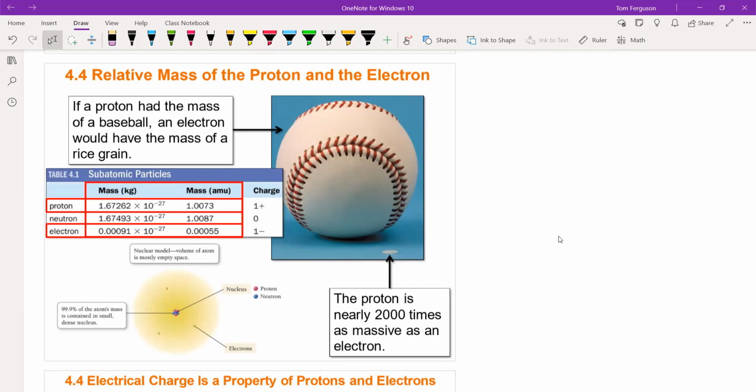Now there are some worksheets I'm going to have you do where, based on a certain element and isotope, we'll talk about an isotope in a minute, you're going to have to determine how many protons, electrons, and neutrons are in there. And it's a matter of adding them all up and looking at charges and stuff. Okay.